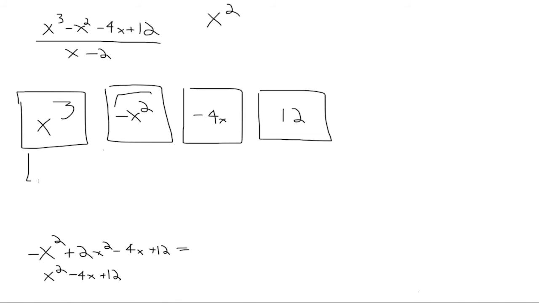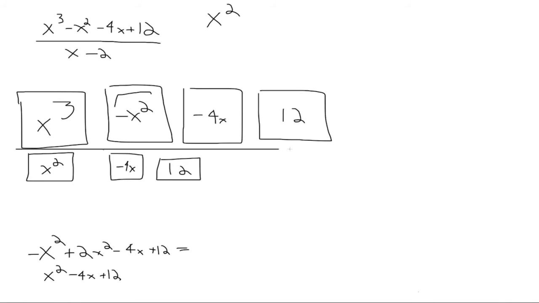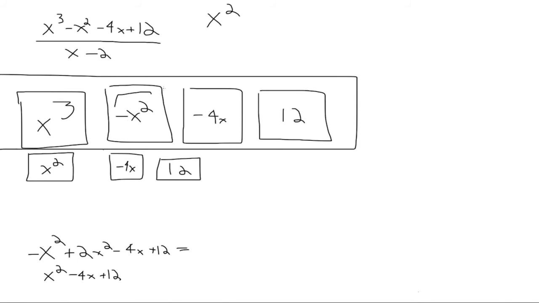But our new polynomial is going to be x squared minus 4x and then 12. So I'm just going to box this off. Just to make it clear, we're not dealing with this. We are dealing with this right now.